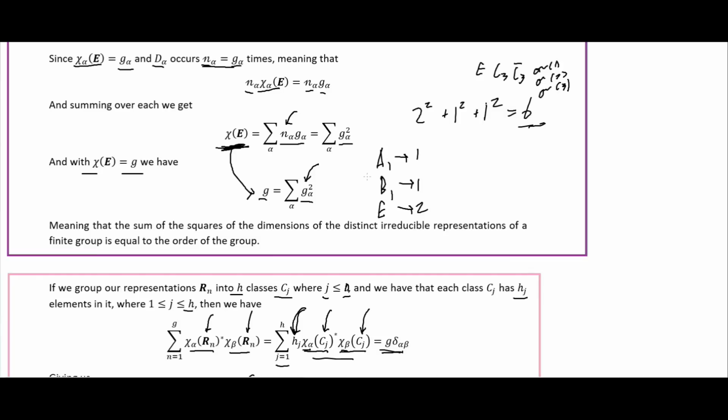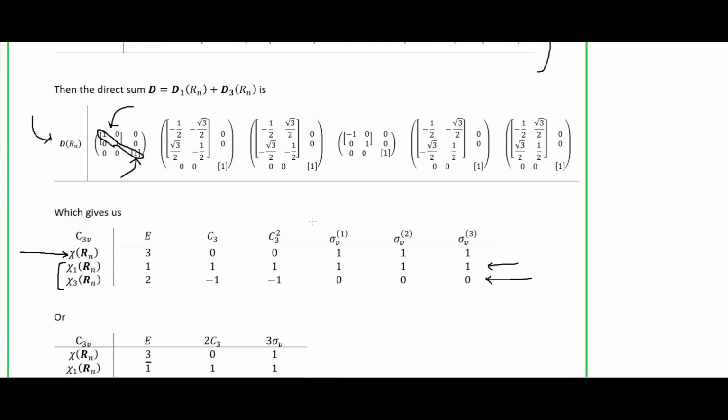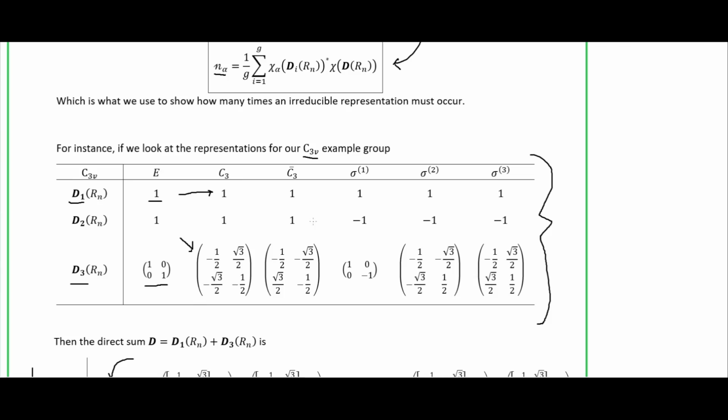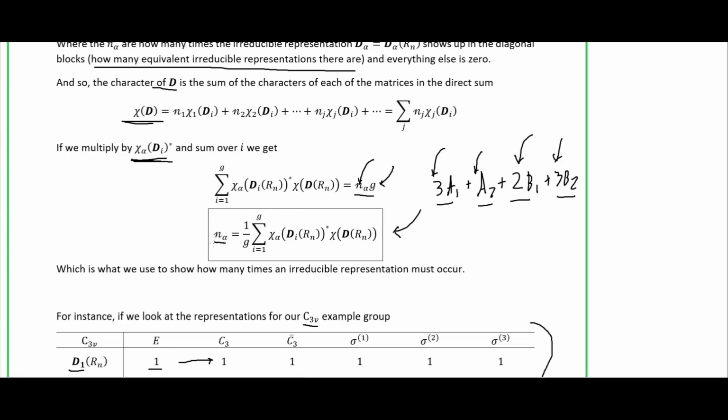For the purple up here, it was that the order of our group has to be equal to the dimensionality of our irreducible representations squared and then added to each other. So what we had up here in green, the main takeaway message was just how to calculate the number of those equivalent irreducible representations in a group.